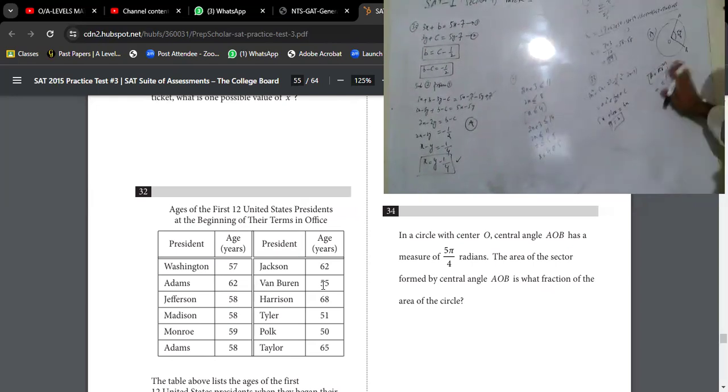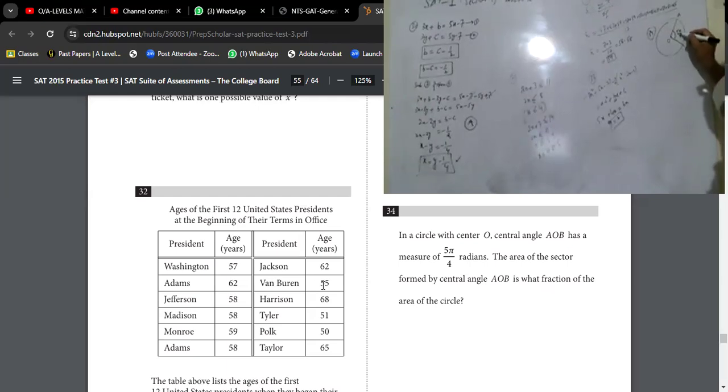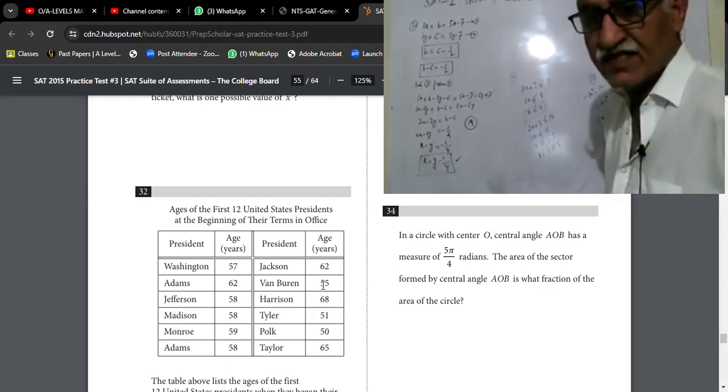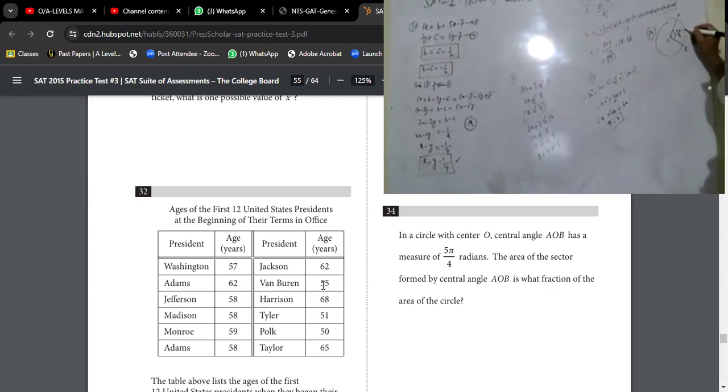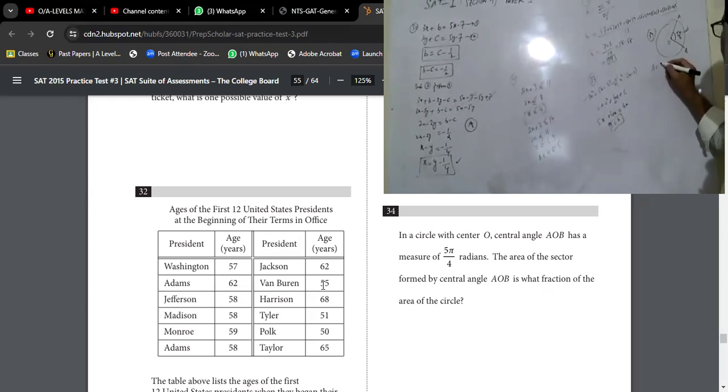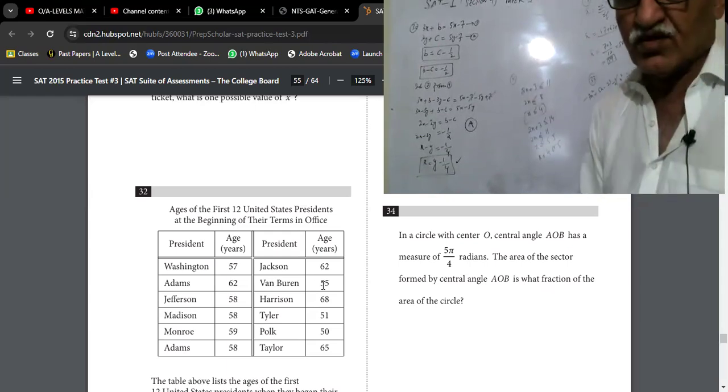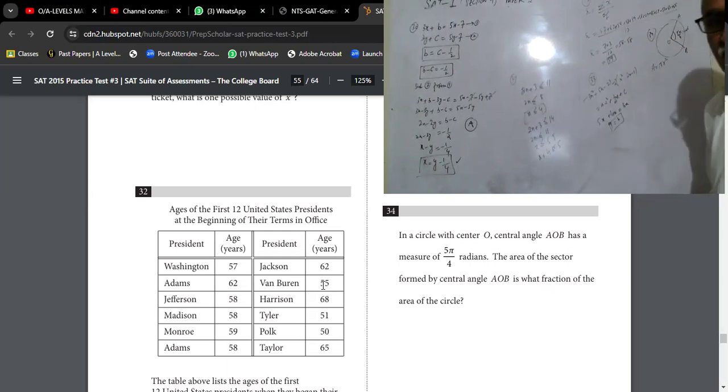Sorry, this 5 over 4 pi radians is the angle, and the area of the circle is basically equal to pi r square. So you can find out that it is 5 pi by 4 divided by the total area of the circle, 2 pi. Pi and pi cancel. So it is 5 by 8.